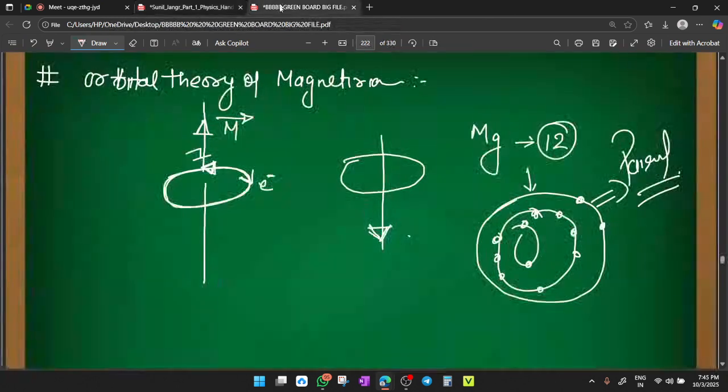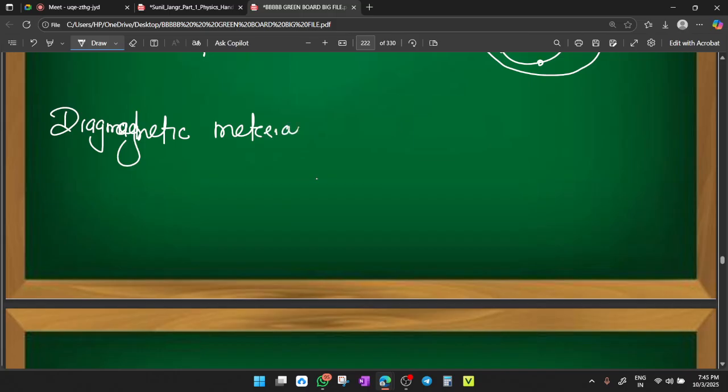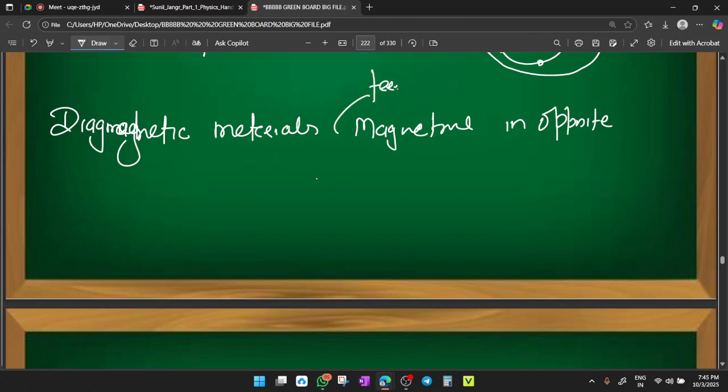Okay, write it. Diamagnetic materials are feebly magnetized in the opposite direction, not very strongly. They don't have a magnetic moment of very large magnitude.